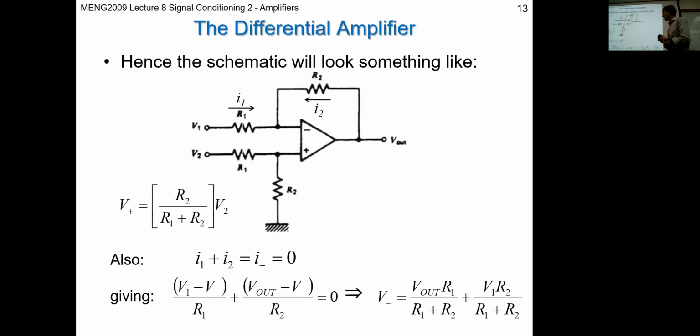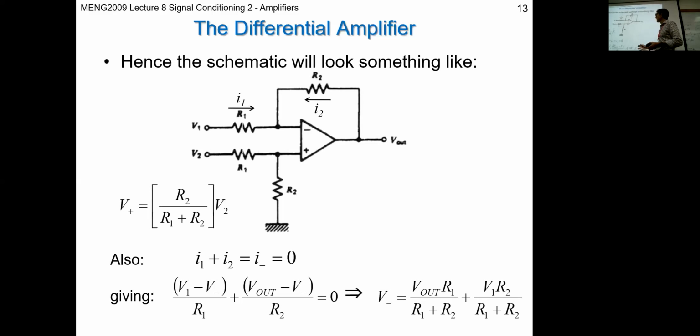So our current I1 is going to be what? It's the voltage drop across here, V over R, divided by the resistance R1. The voltage drop is the difference between V1 and V negative. We'll leave it as V negative for now.